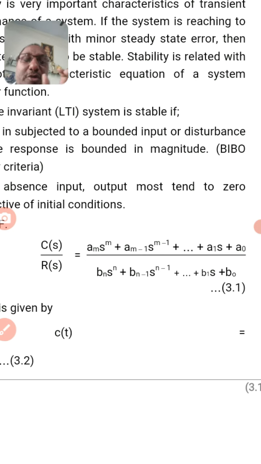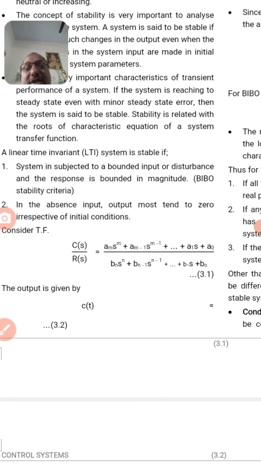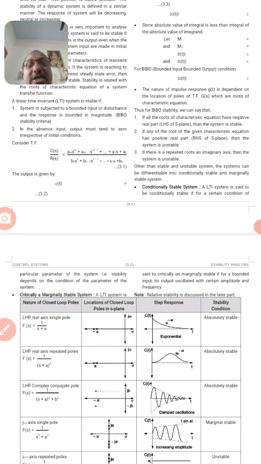So the roots of the numerator are called zeros, and the roots of the denominator are called poles because they make the transfer function infinity. This is what we have studied in the first two lectures.